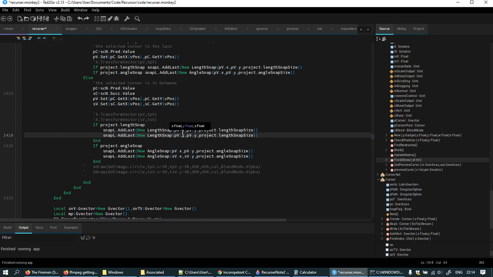P2. No, it's not. It's not. No. Previous and subsequent vertex. Previous, get X, get Y, VPOS, get X, get Y. SV set, SC.